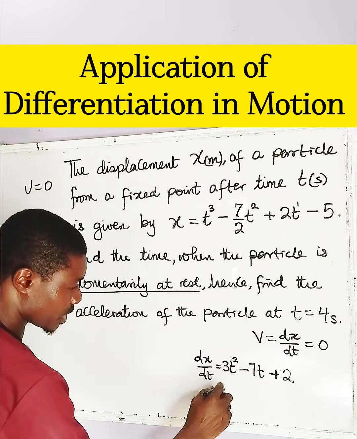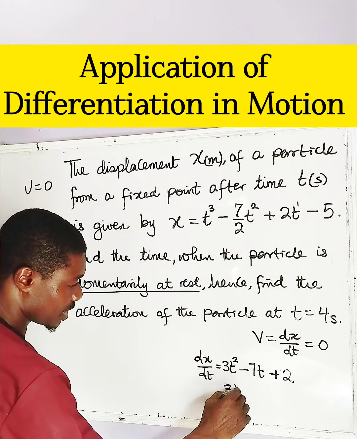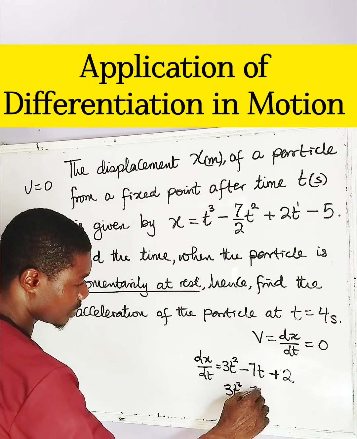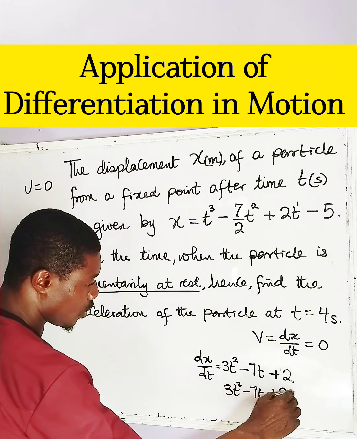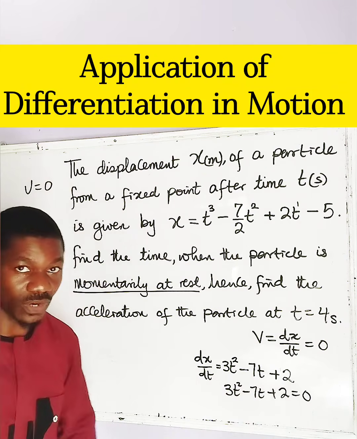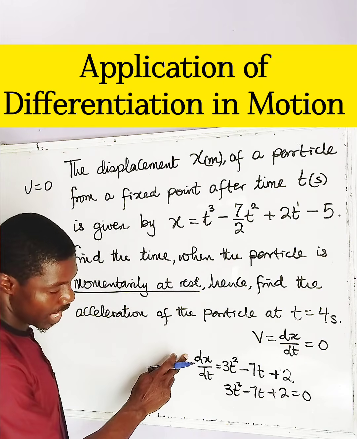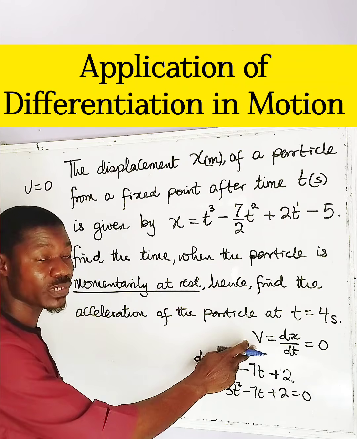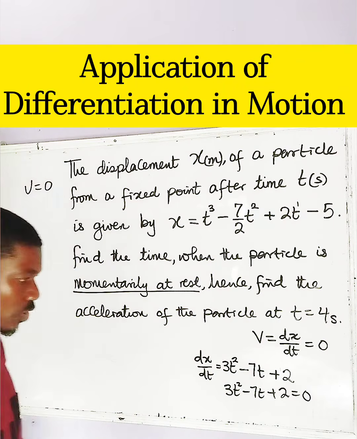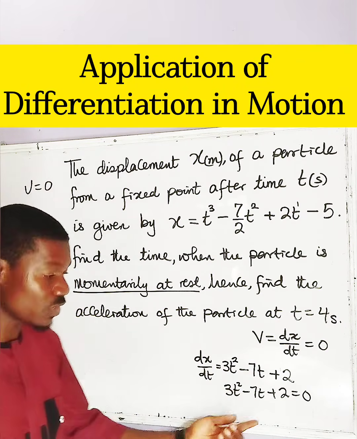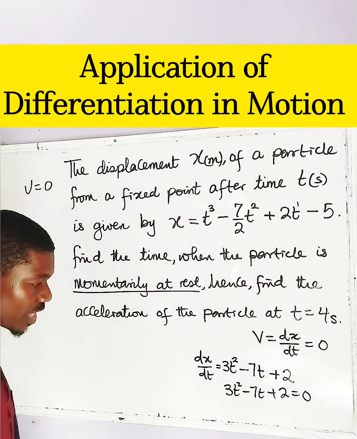So we can say 3t squared minus 7t plus 2 equals 0, because dx over dt is actually the velocity. So all we need to do now is to factorize the equation.